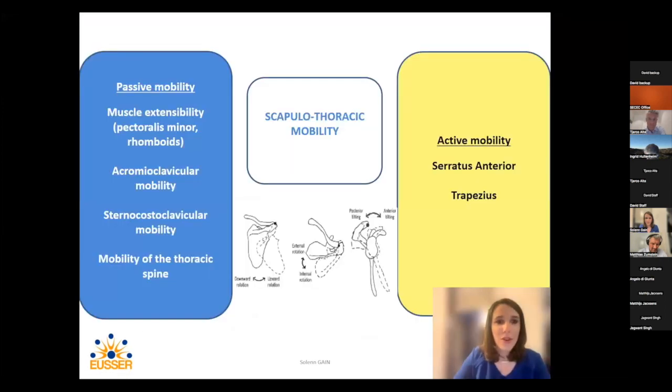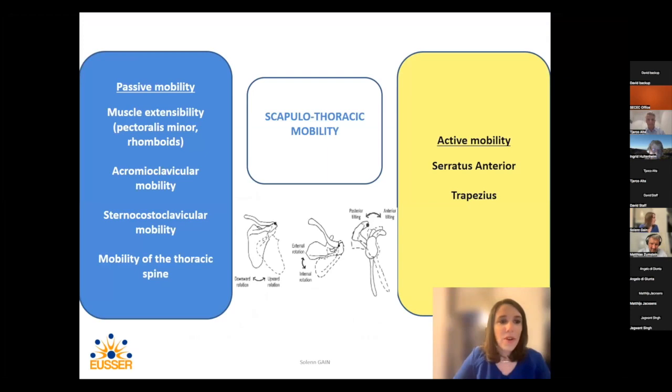In rehabilitation, we have to improve scapulothoracic mobility. We have to improve passive mobility of the scapulothoracic joint. Passive mobility depends on muscle extensibility, pectoralis minor, rhomboids. So we have to stretch these muscles.